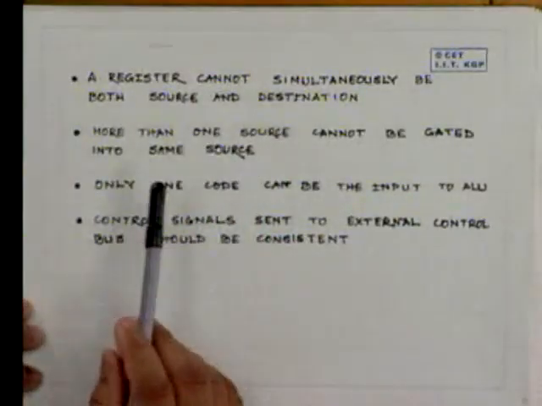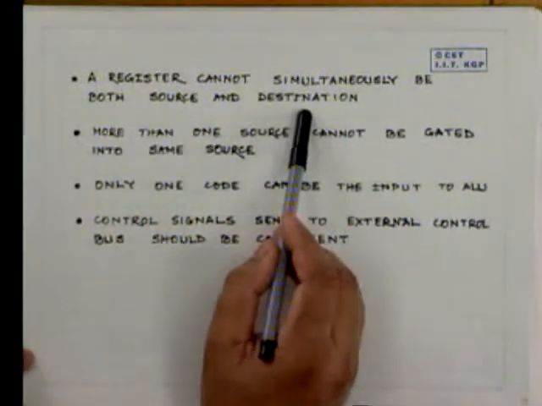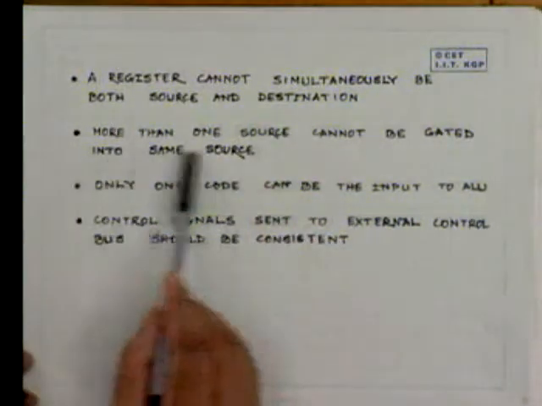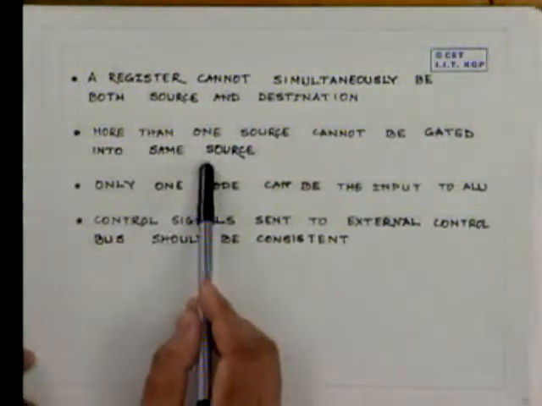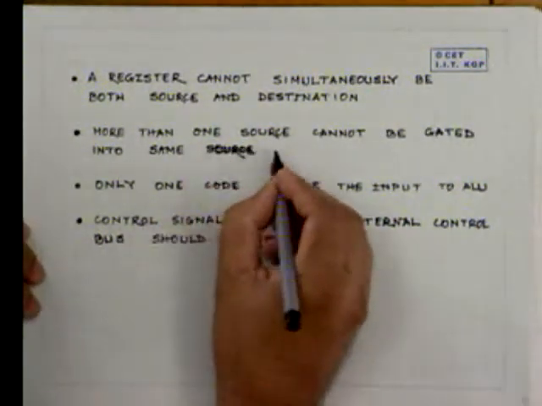Therefore, we should see whether we can do something to reduce the size of the control word. A few observations we can make. A register cannot simultaneously be source and destination. More than one source cannot be gated into the same destination.